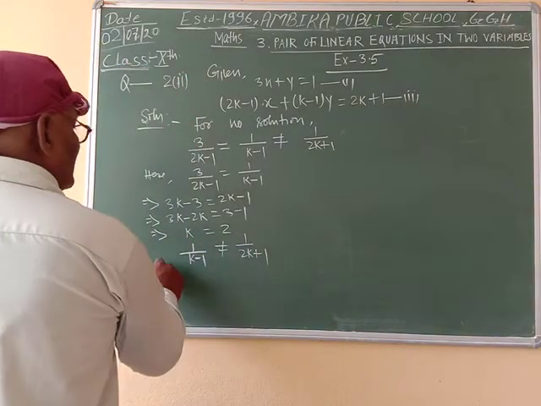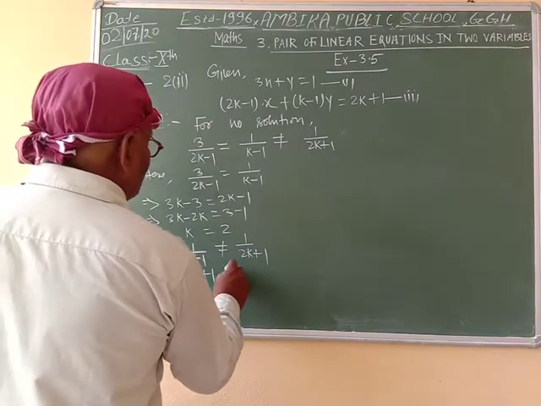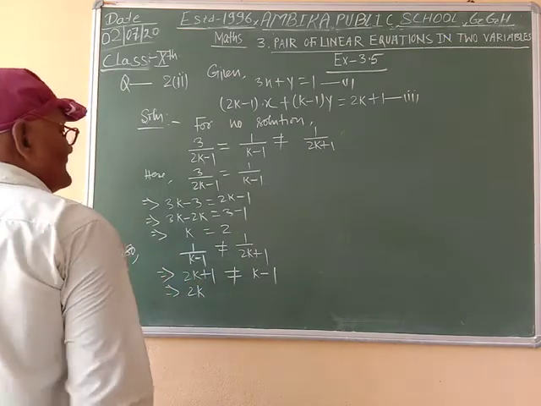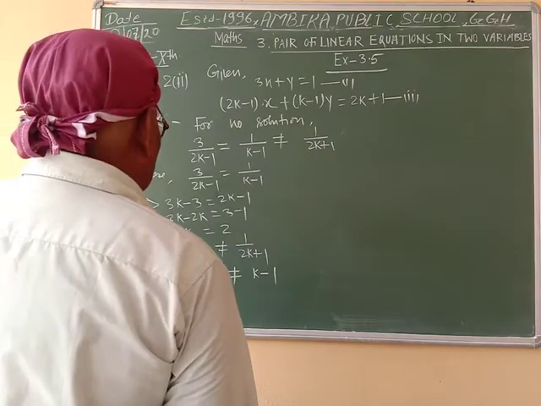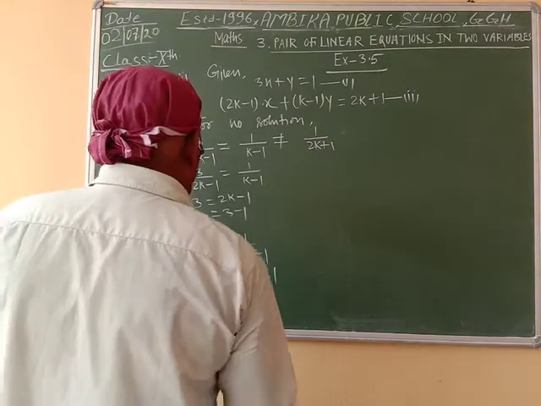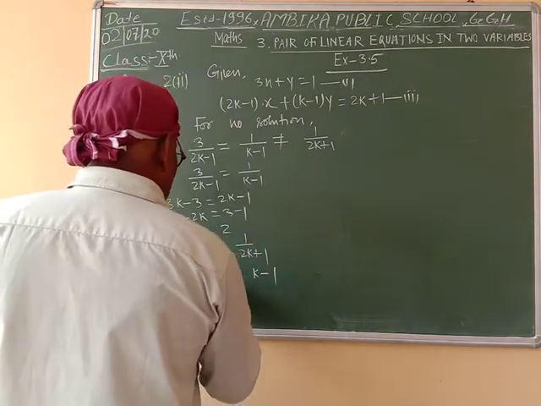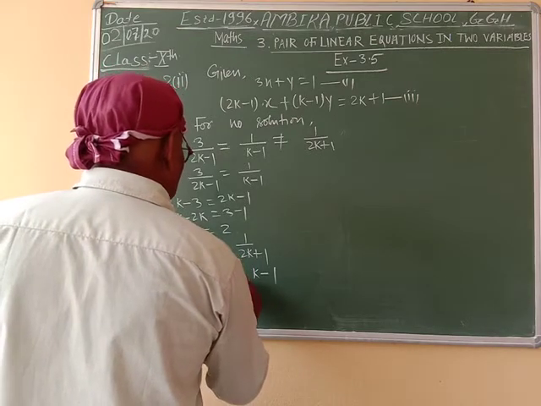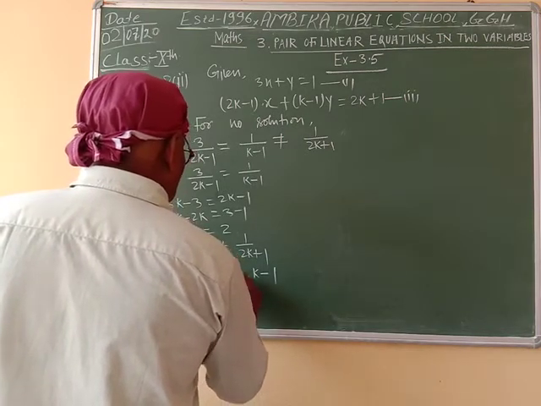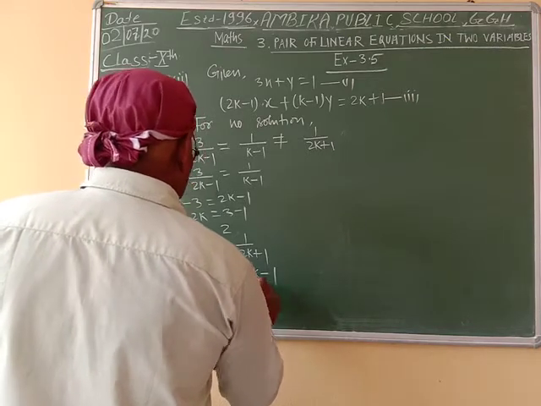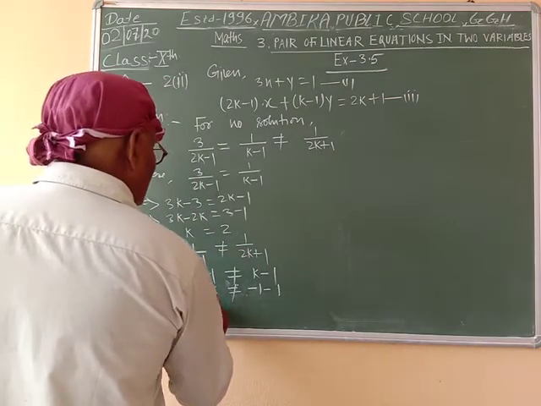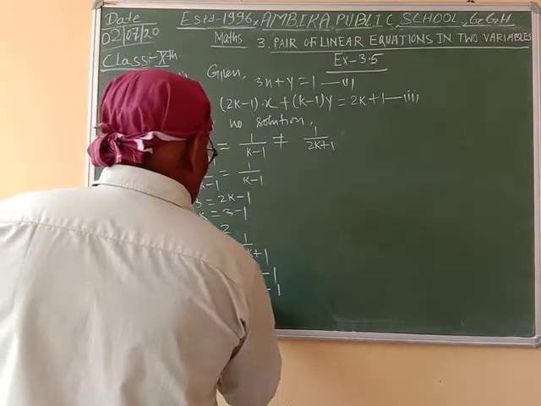So 2k plus 1 is not equal to k minus 1. 2k minus k is not equal to minus 1 minus 1. So k is not equal to minus 2.